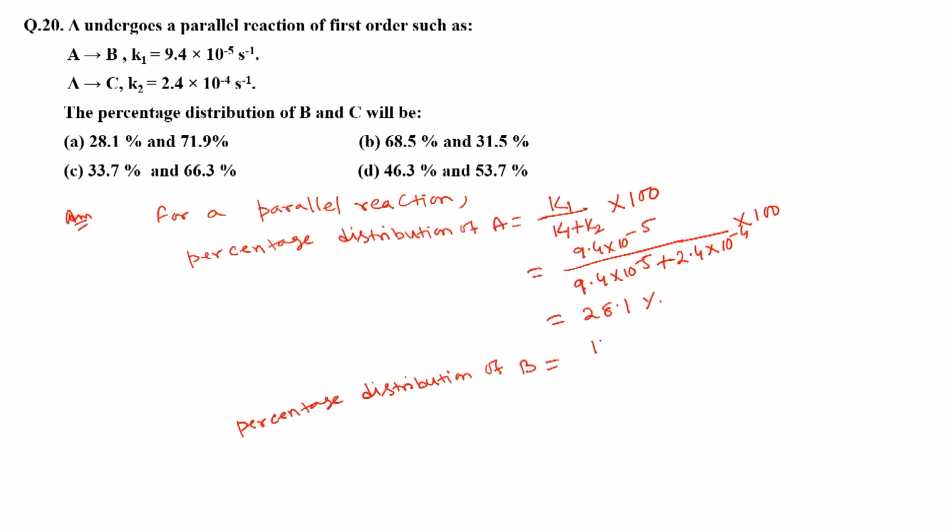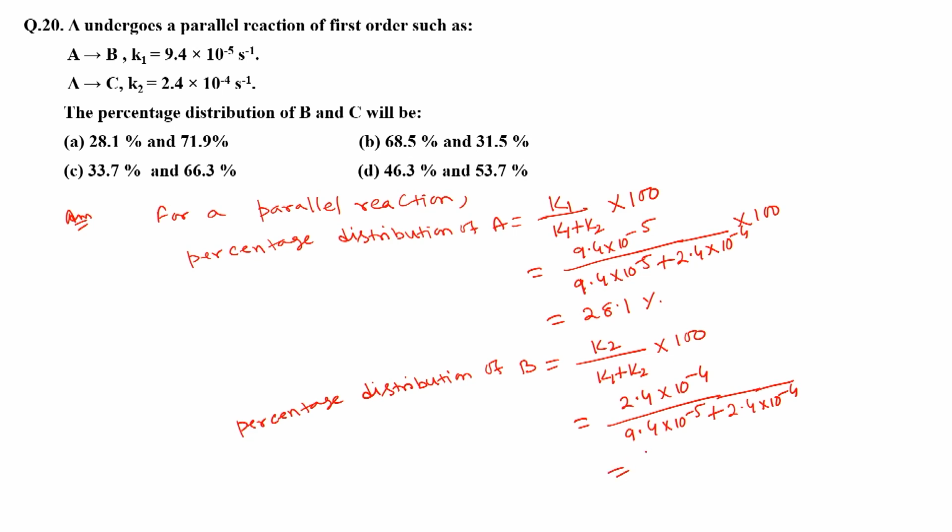and percentage distribution of B is K2 by K1 plus K2 times 100. So again we substitute the values of K1 and K2. The value of K2 is 2.4 times 10 to the minus 4, and value of K1 is 9.4 times 10 to the minus 5 plus 2.4 times 10 to the minus 4.